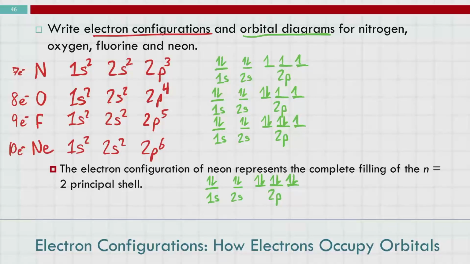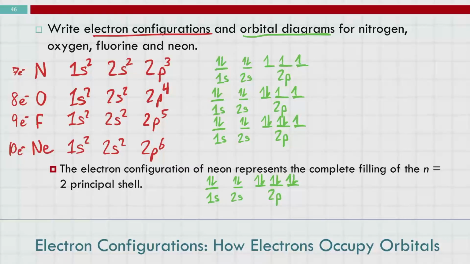It would be 1s2, 2s2, 2p6, 3s2, 3p6, 4s2, 3d10, 4p6, 5s2, 4d10, 5p6. You get the idea. It'd be comically long.